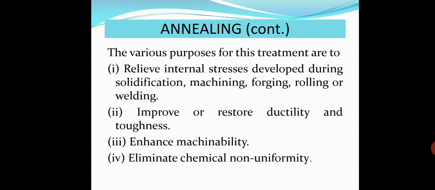The various purposes for annealing are to relieve internal stresses developed during solidification, machining, forging, rolling or welding. Improve or restore ductility and toughness. Enhance machinability. Eliminate chemical non-uniformity, it makes the structure homogeneous.